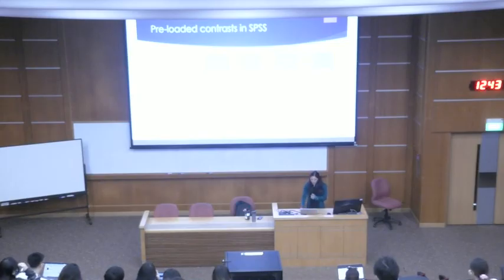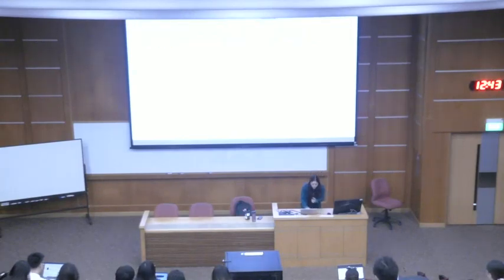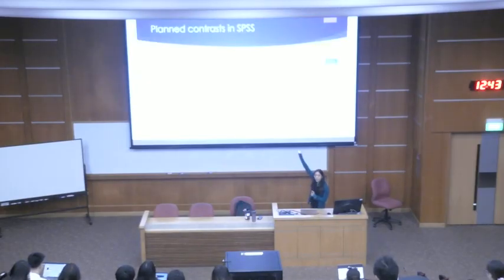Now, when I coded my variable, my control group is coded first. So it makes a lot more sense to use this one where 0 is compared to groups 2 and 3, and then 1 compared to group 2.